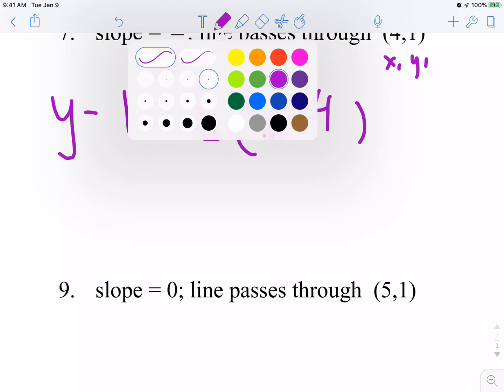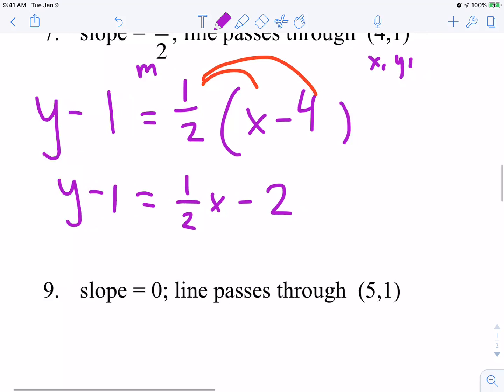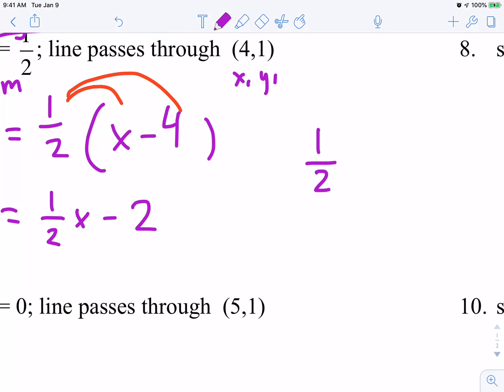And then now you need to make y by itself. So distribute. So I still have my y minus 1 on the left side is equal to 1/2 x minus 2. Remember, when you multiply fractions, multiply the top, that's 4, and the 2 on the bottom comes along, so 4 divided by 2 is equal to 2.